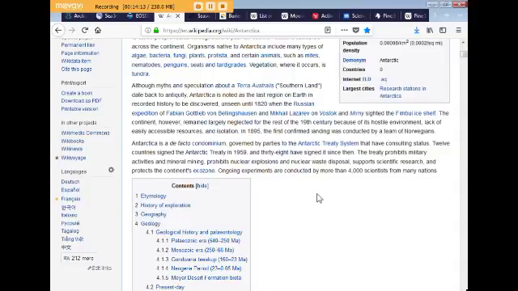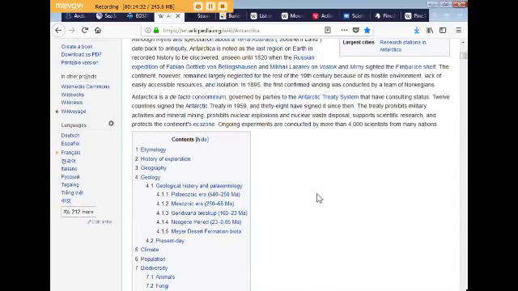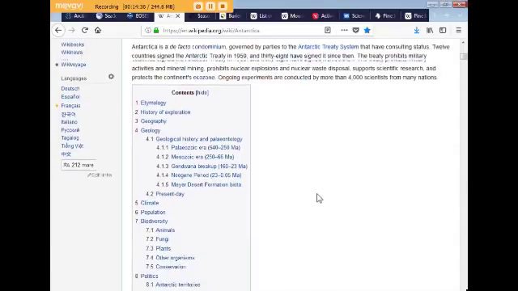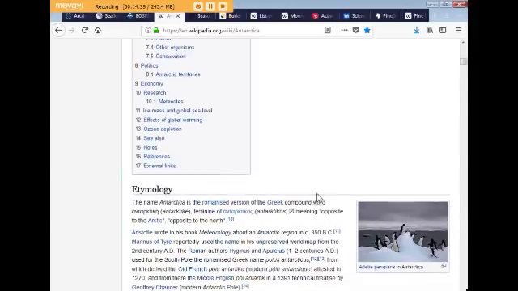The treaty prohibits military activities and mineral mining, prohibits nuclear explosions and nuclear waste deposit, supports scientific research, and protects the continent's ecozone. Ongoing experiments are conducted by more than 4,000 scientists from many nations.